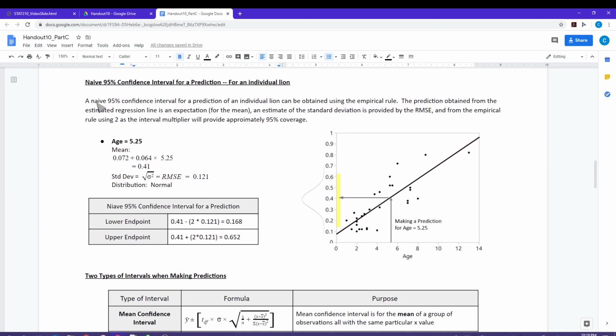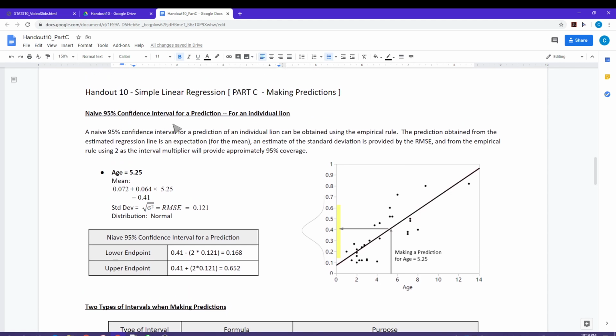So here I have the naive 95% confidence interval for a prediction. And I'm talking about making a prediction for an individual lion. So again, I have a mean, which I have estimated to be 0.41, and a standard deviation, which I get from my root mean square error. And I know from the empirical rule that if I use an interval multiplier of 2, I should get about 95% coverage.